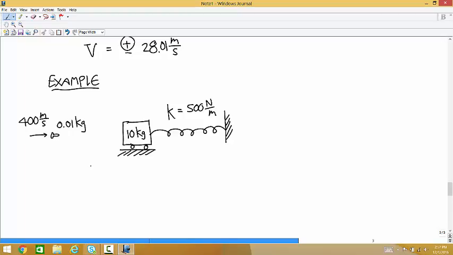It's going to hit, compress, and then oscillate back and forth. How much will the spring compress before it goes back the other way? Right now it's at rest.